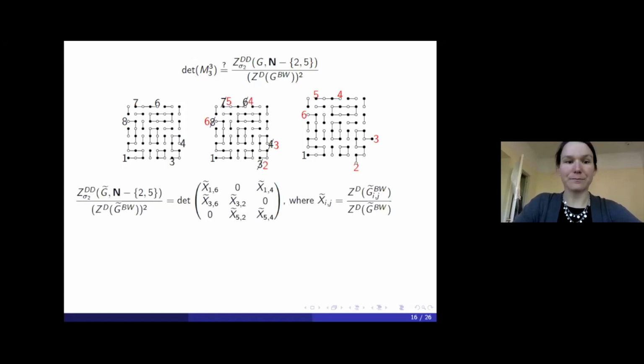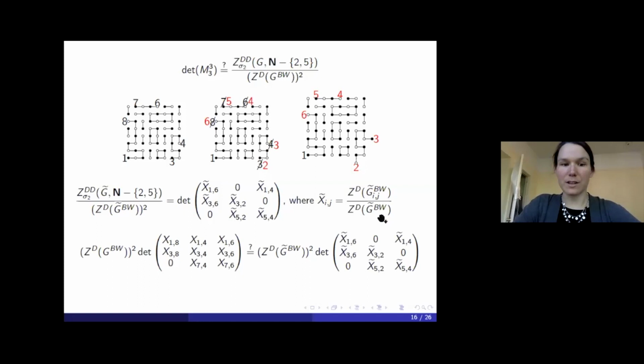So then Kenyon and Wilson's theorem tells us that the generating function for double dimer configurations on this modified graph G tilde with this node set is proportional to the determinant of this matrix. But here I've written X tilde because when we change the graph, we change all the matrix entries, since the matrix entries are dimer configurations on this graph.